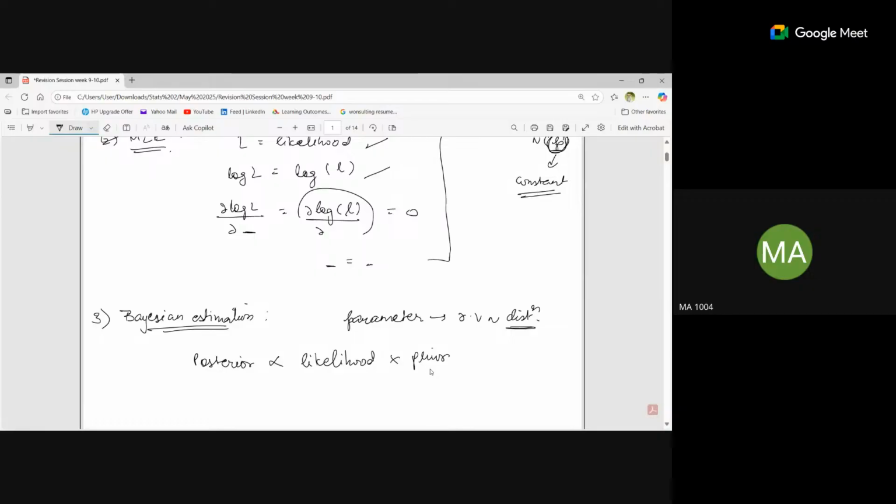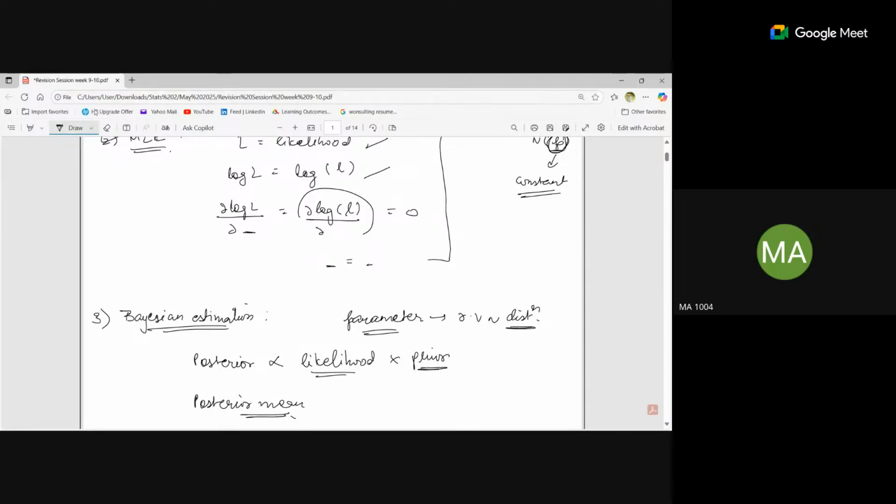That distribution is known as the prior distribution. Then the likelihood is for the sample, and we find the posterior distribution of the parameter. After finding the distribution, we find the posterior mode and mean.